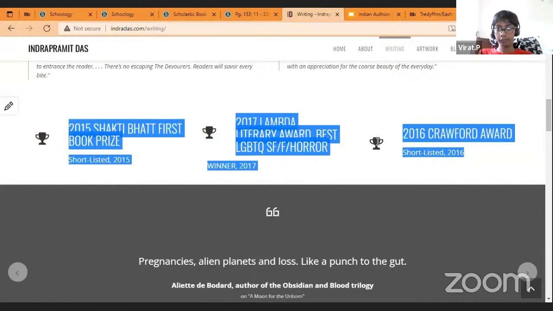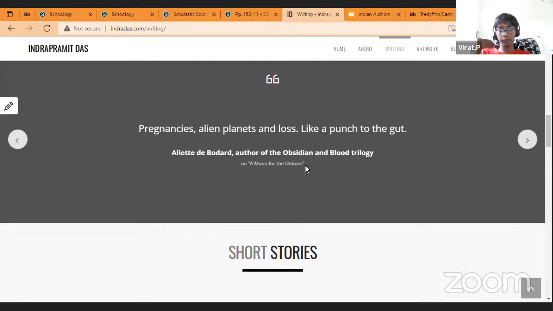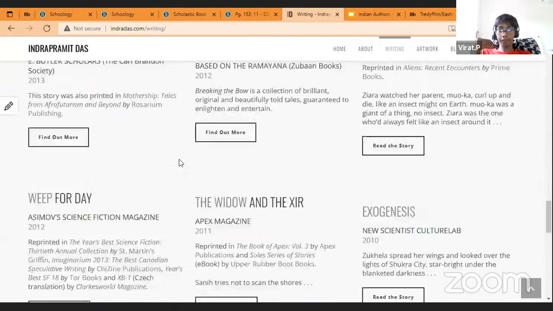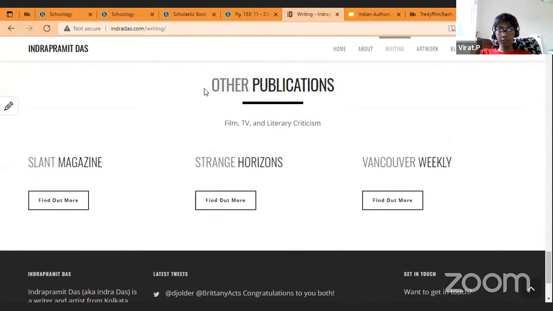And these are some of the prizes that he got. I didn't mention all of them, but it's good. And these are a lot of his books, and these are also other publications. Anyways, that was just a little introduction to show that he's not just an author, but an illustrator.